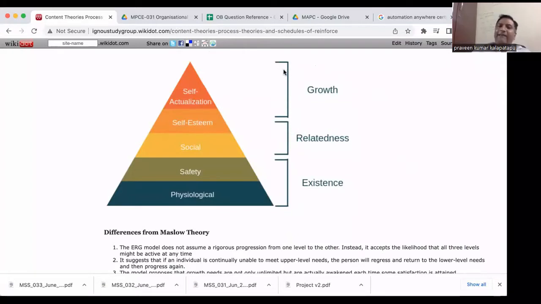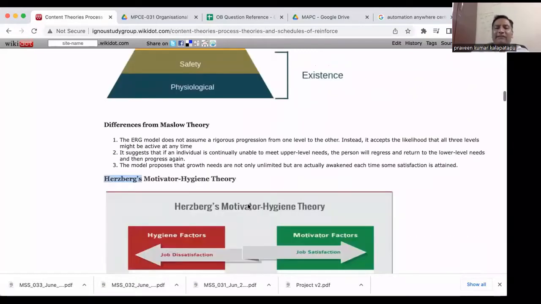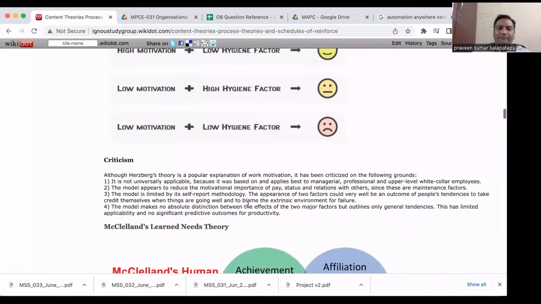So it is again mapping to the same needs, where it has just divided this entire triangle into 2 pieces. One is motivation factors and the other is hygiene factors. Now what are the shortcomings of it? Basically, this is not something which you can universally apply.